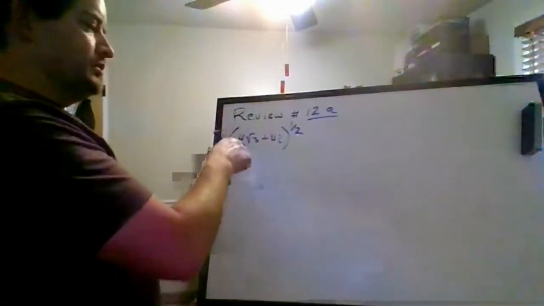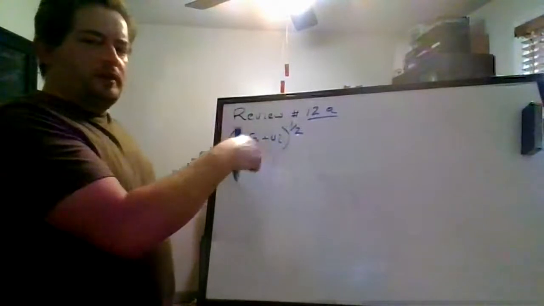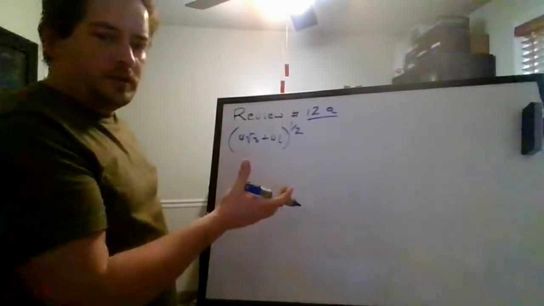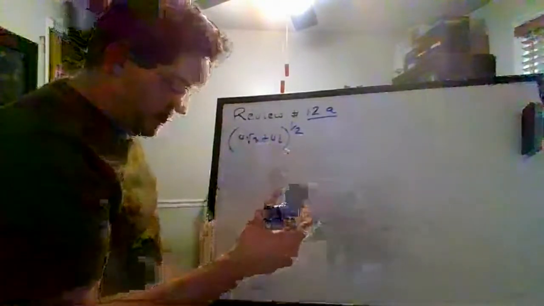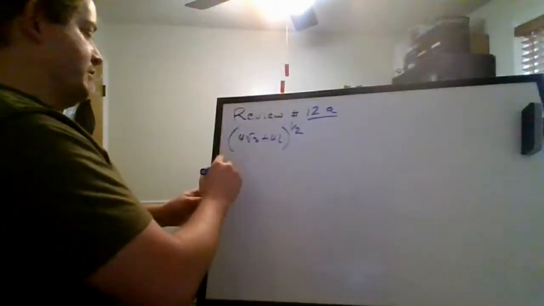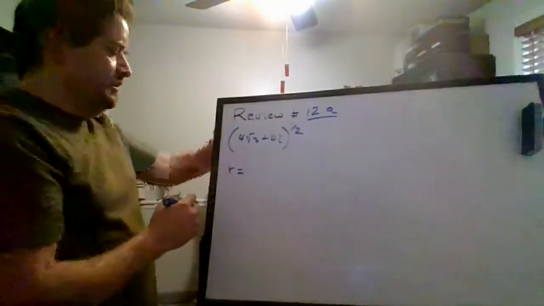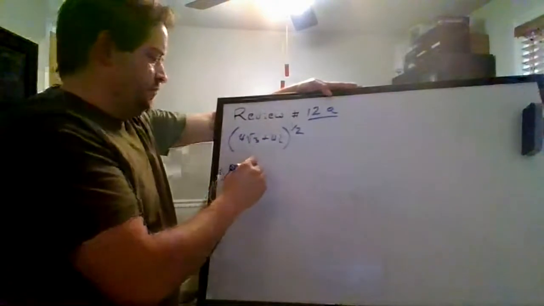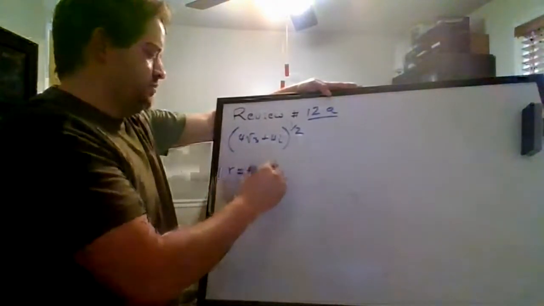The first thing I want to do is get rid of this a plus bi format in favor of trigonometric form, or, sorry, not parabolic, polar form, excuse me. I do that by finding r to start. R is the square root of 4 root 3 squared.